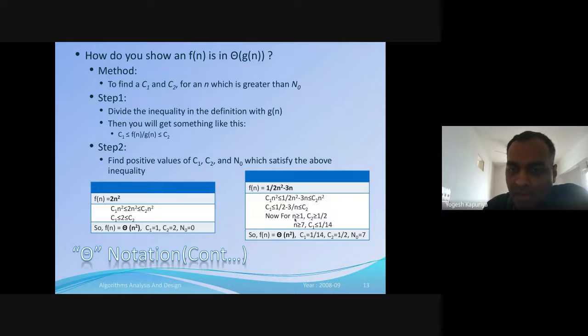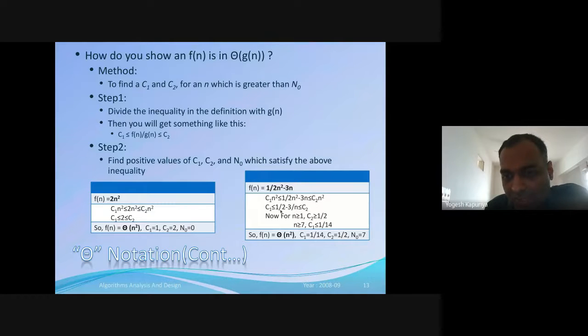Again, you remove n square from all of this. So then it will become C1 is less than or equal to 1 by 2 minus 3 by n. And that means C1 is less than or equal to this and C2 is greater than or equal to this. Now, you have to mathematically compute this value of C1 and C2. How can you do that?